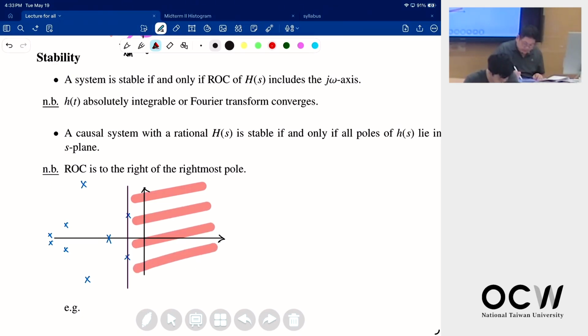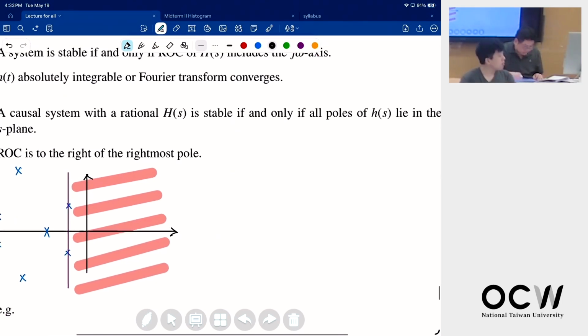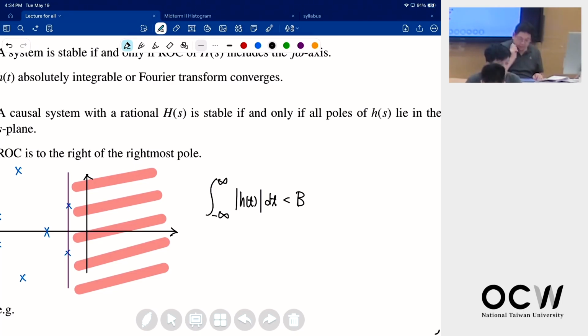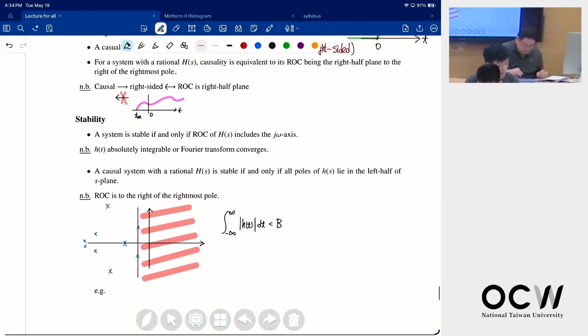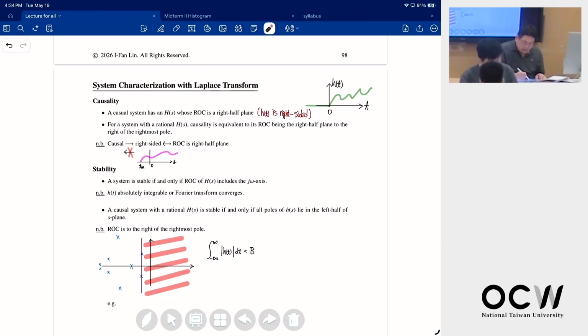In this case, the system is bounded if the system is stable.